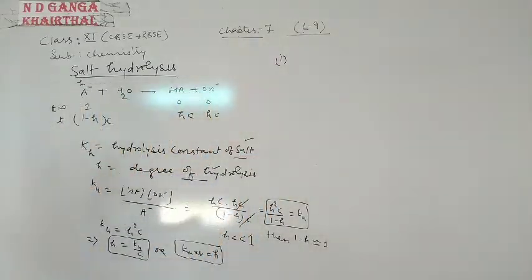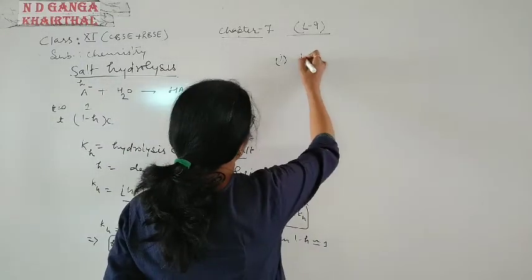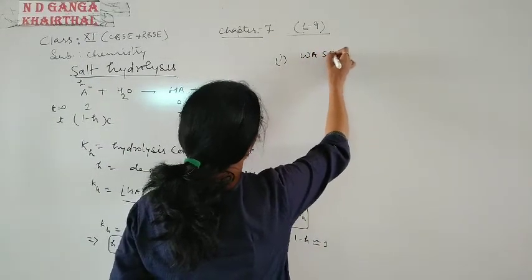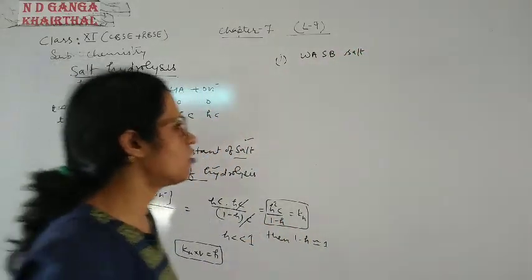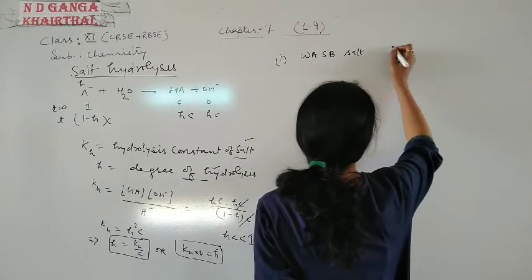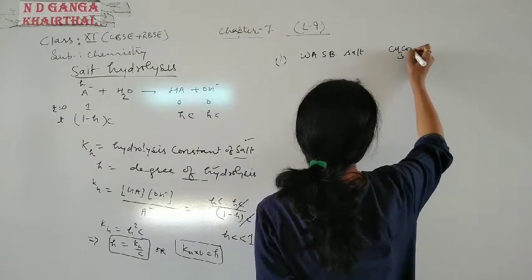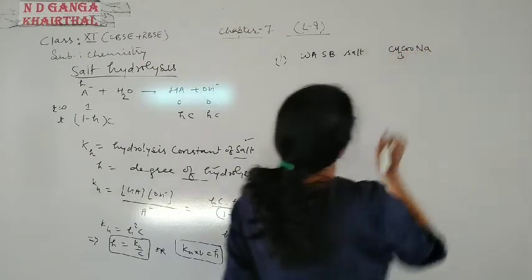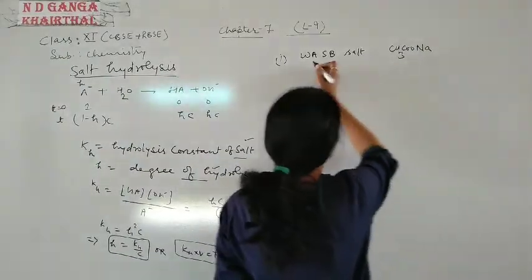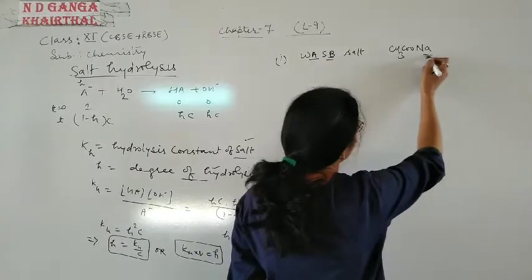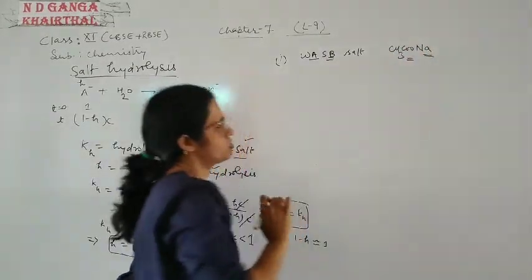First, weak acid strong base salt. Clear? Weak acid, strong base. This is an example of such a salt. A salt of a weak acid and a strong base.